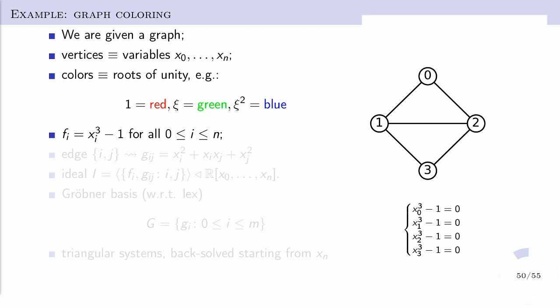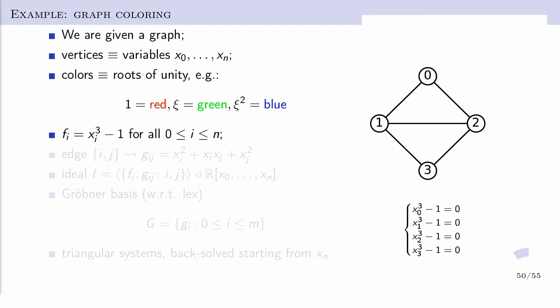Since every vertex must be assigned one of these colors, for every vertex we have an equation of this form, such that the third power of xi is 1. So for every vertex we have this equation. So these four equations say that every vertex is assigned one of these three colors. In other words, every xi is assigned one of these three values: 1, psi, psi square.